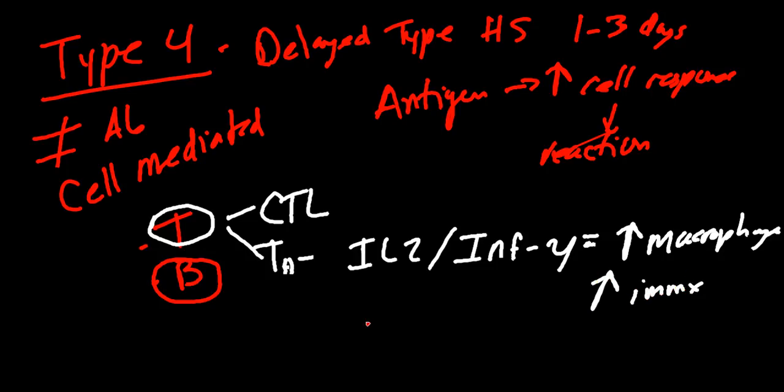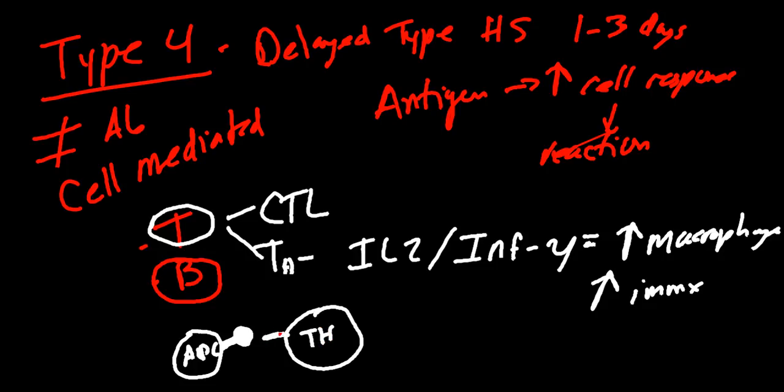So we're going to have an antigen. Let's see if I can draw this out. We're going to have an antigen presenting cell, APC. And it's going to have a major histocompatibility complex, so MHC2, since we're on an antigen presenting cell. And this is going to find a T helper cell, and they're going to recognize each other.